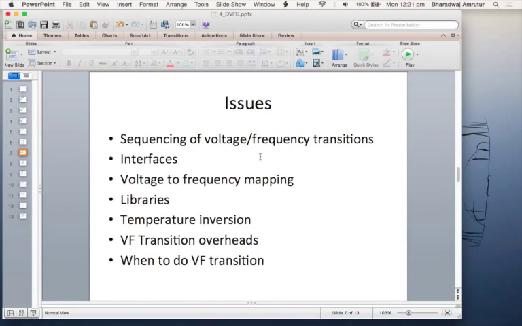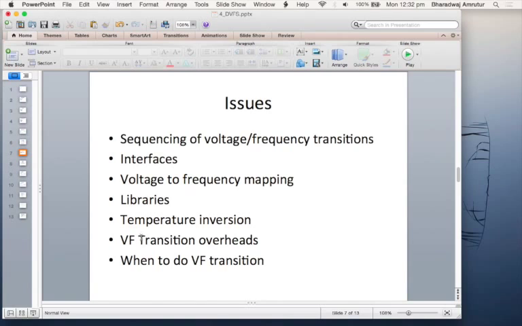The transitions of voltage and frequency should be handled carefully. The interfaces, because you have two different voltage domains and two different timing domains, have to be designed carefully. The mapping of frequency to voltage: for a given target frequency, what is the right voltage to use such that all my chips will work properly is again something you have to identify.